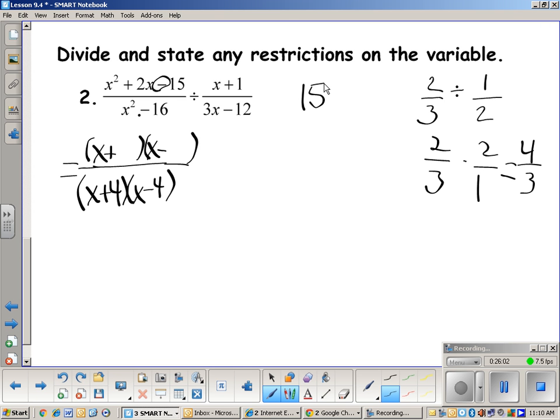So that means that our 5 has to be positive. Okay? That's a 3. I tried to correct my mistake so you guys wouldn't see it. And well, that worked well, didn't it?